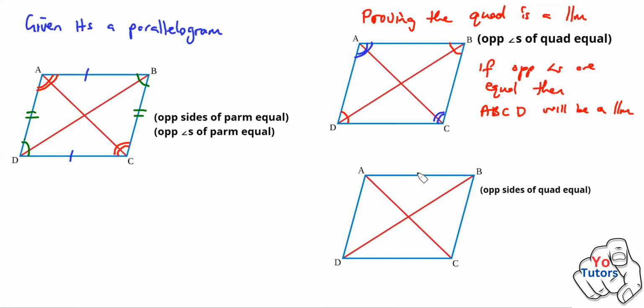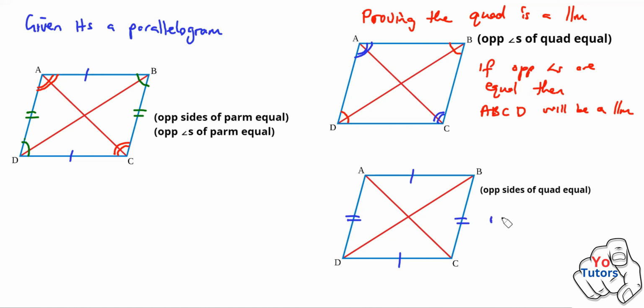Okay, so we should be seeing here that the opposite sides are equal. So if you are given a quadrilateral, you don't know it's a parallelogram, you are going to prove that opposite sides are equal. If you prove that they are equal, then you can now say the shape is a parallelogram.